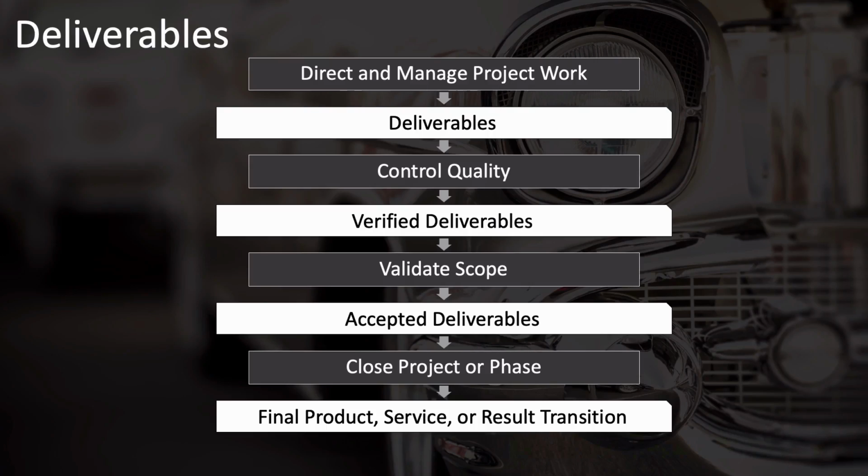So when speaking of deliverables in general, it could refer to any of these. But when you're being specific and precise, deliverables have these different names, going from deliverables to verified deliverables to accepted deliverables, and finally to final product, service, or result transition.